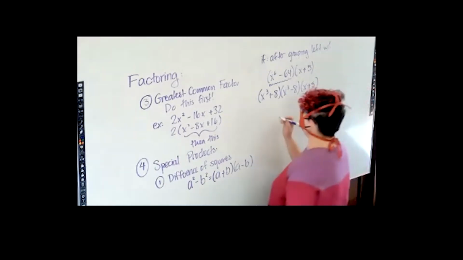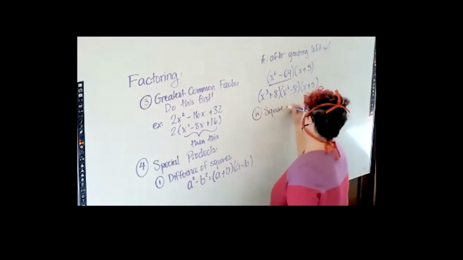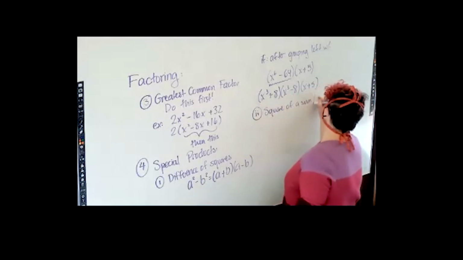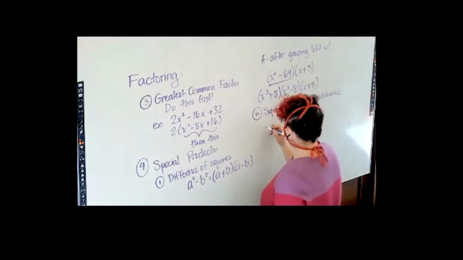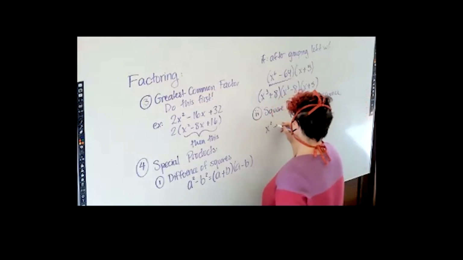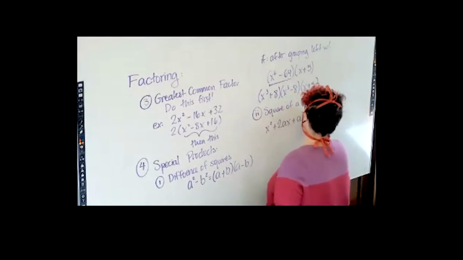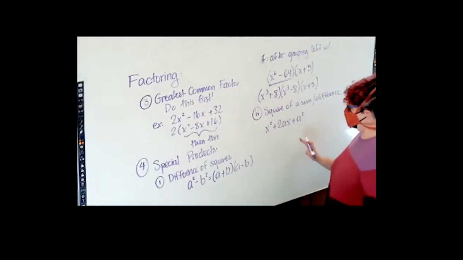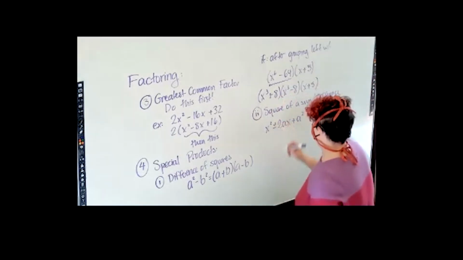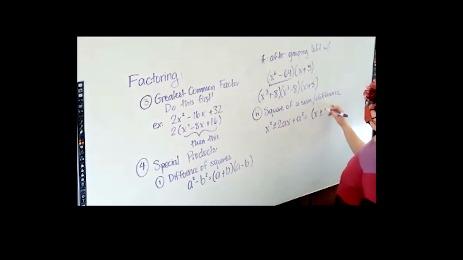The other one is the square of a sum or difference. If you have something that is x squared plus 2ax plus a squared, actually, it's going to be plus or minus, that factors into (x plus or minus a) quantity squared.